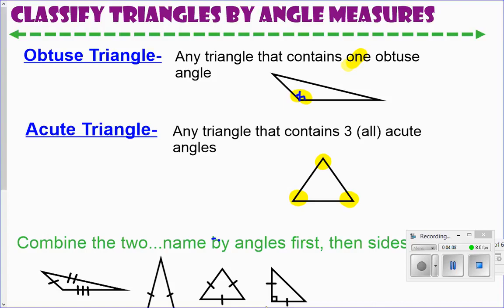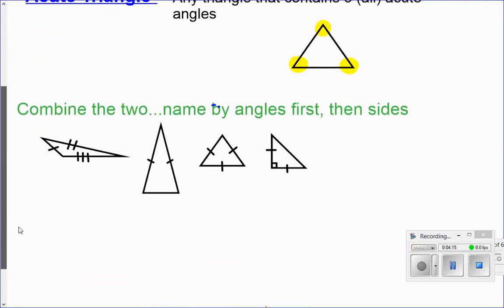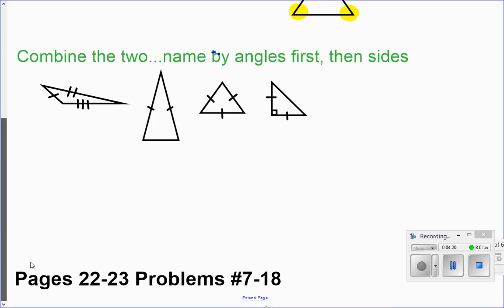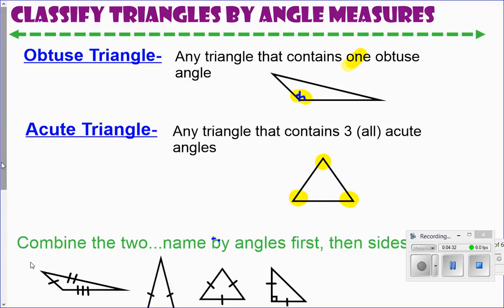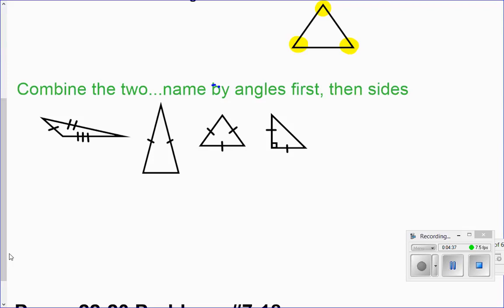Now, we just talked about classifying triangles by their sides and then also by their angles. Usually when we're classifying triangles, we classify them using both. Generally, we start with the angle first, and then we take a look at the side second. So if I look at this triangle here, I'm checking angles first.